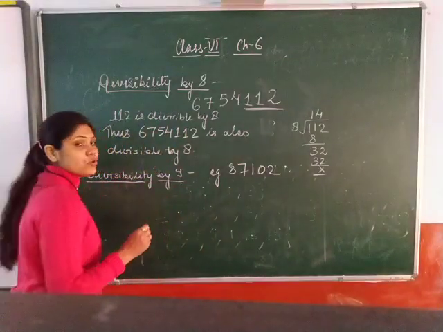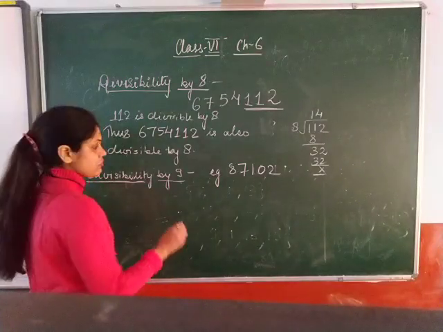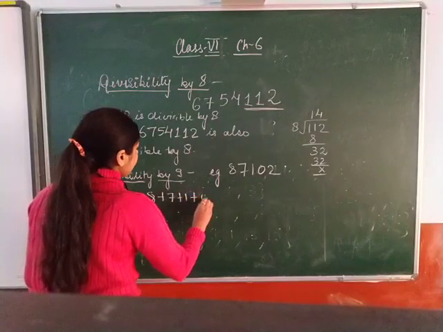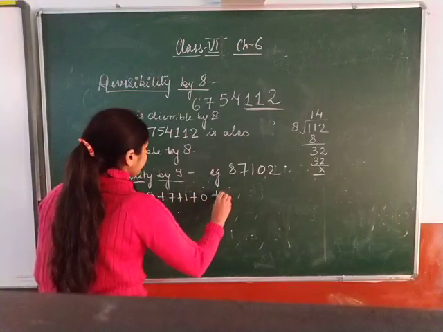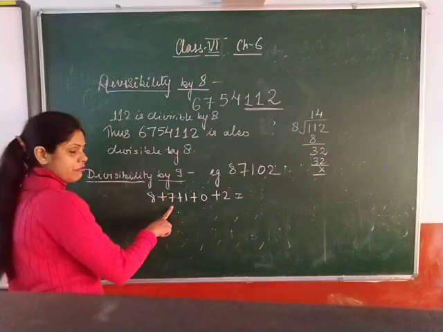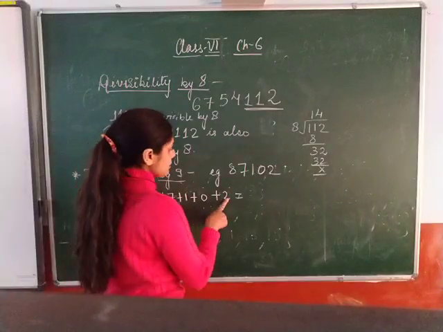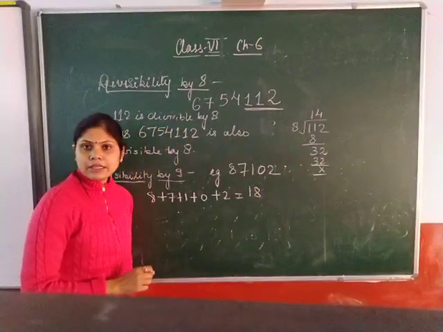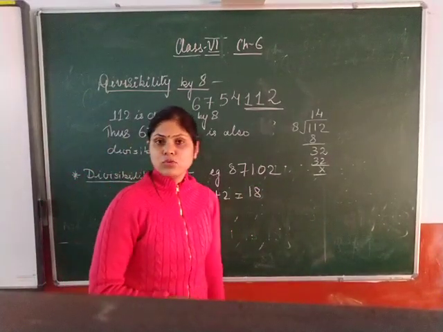What I said is you have to do the sum of the digits of the number. So 8 plus 7 plus 1 plus 0 plus 2. 8 plus 7, what will come? 15. 15 plus 1, 16. 16 plus 2, that is 18. Is 18 divisible by 9? Yes, 9 twos are 18.